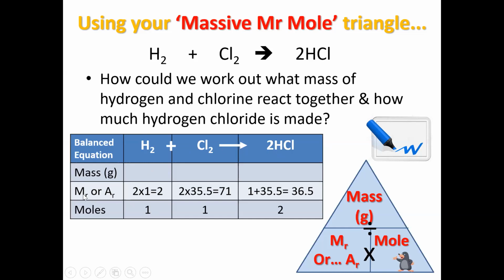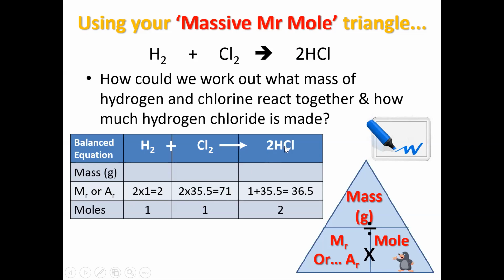To work out the relative formula mass of a hydrogen molecule, each hydrogen has a relative atomic mass of 1. You've got 2 of them here, so 2 times 1 equals 2. To work out the relative formula mass of chlorine, because each chlorine atom has a relative atomic mass of 35.5 and you've got 2 of them, it's 2 times 35.5, which is 71.